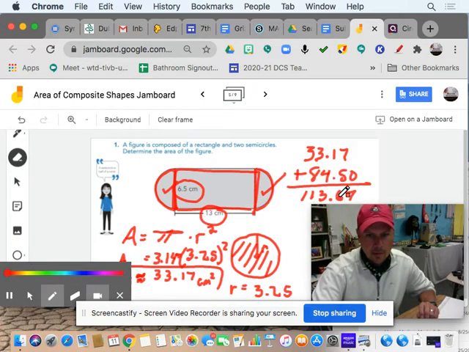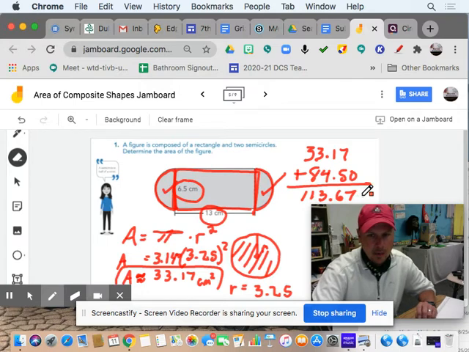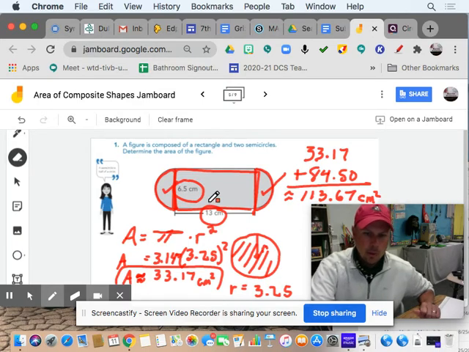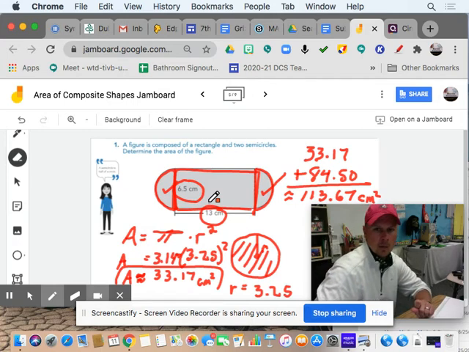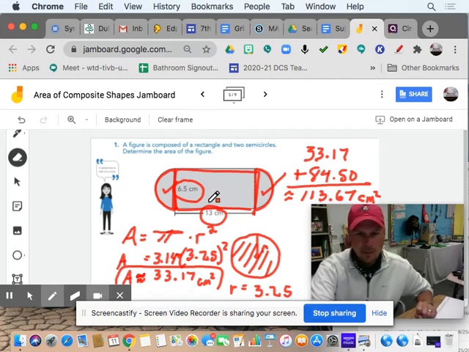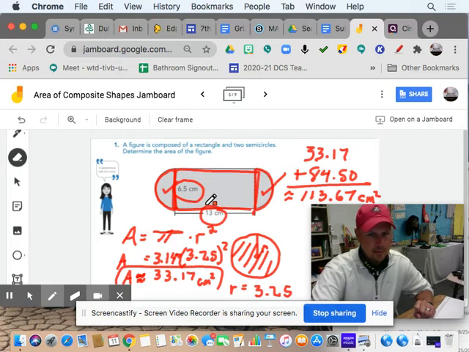So then the final answer is 113.67 centimeters squared. And again, it's an approximate answer because A, we rounded the decimals, and B, we used 3.14 for pi, which is approximate and not an exact answer. For exact, we would leave it in terms of pi.